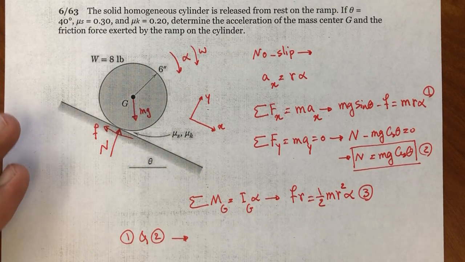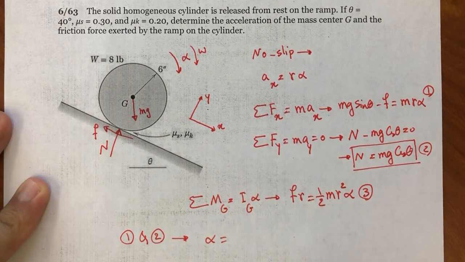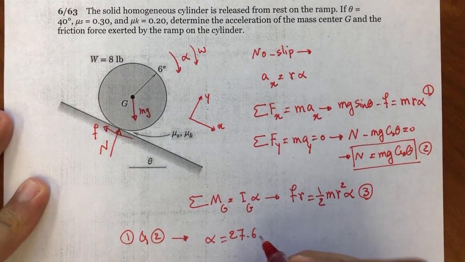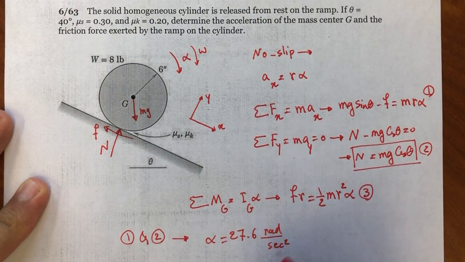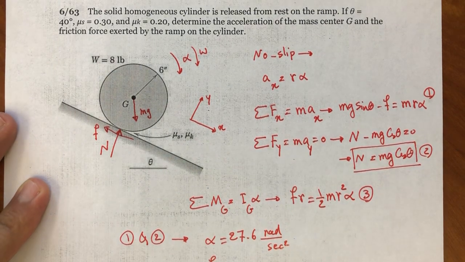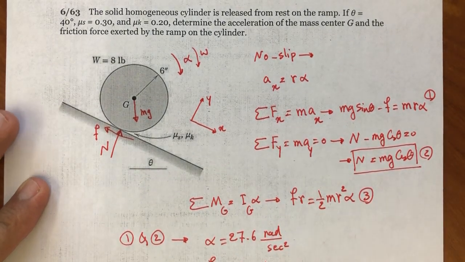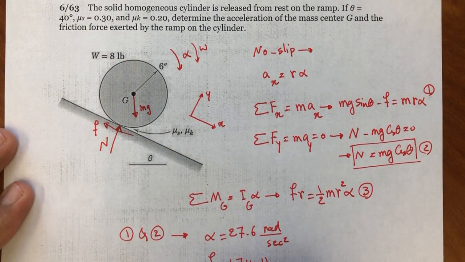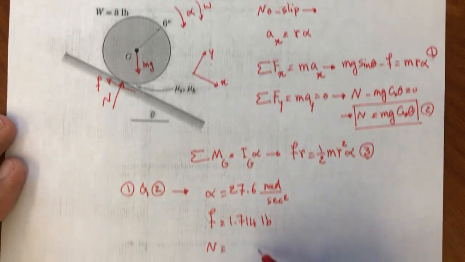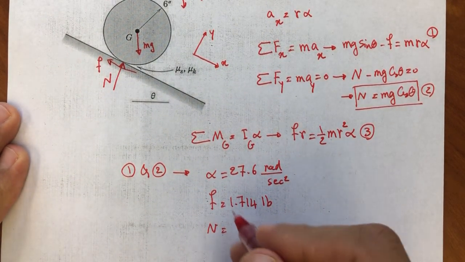If you put the numbers, you're going to find alpha is equal to 27.6 radian per second squared, and the friction force is going to be equal to 1.714 pound. And also if you put the numbers here, N is going to be equal to 6.13.